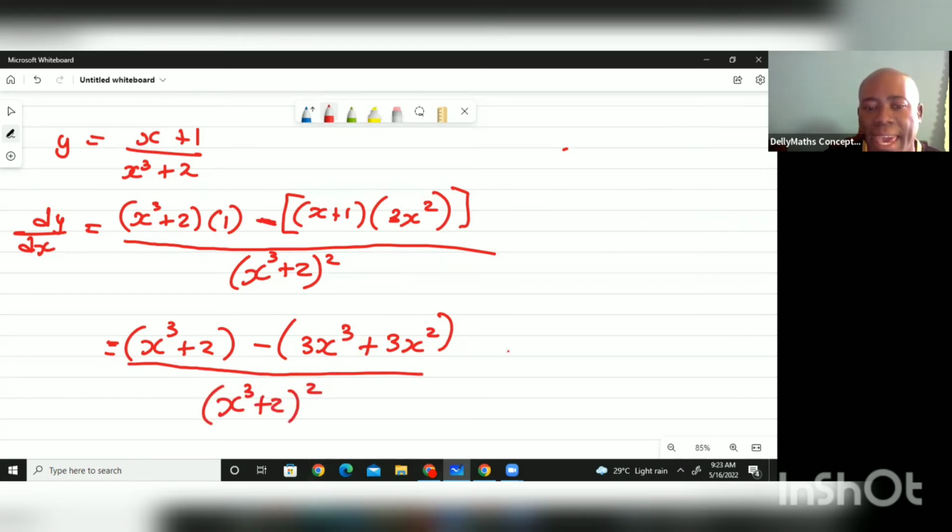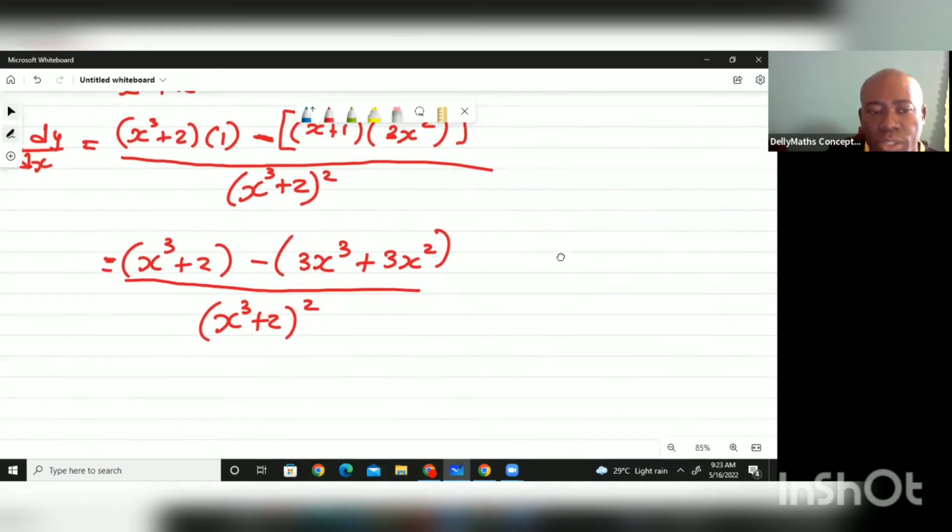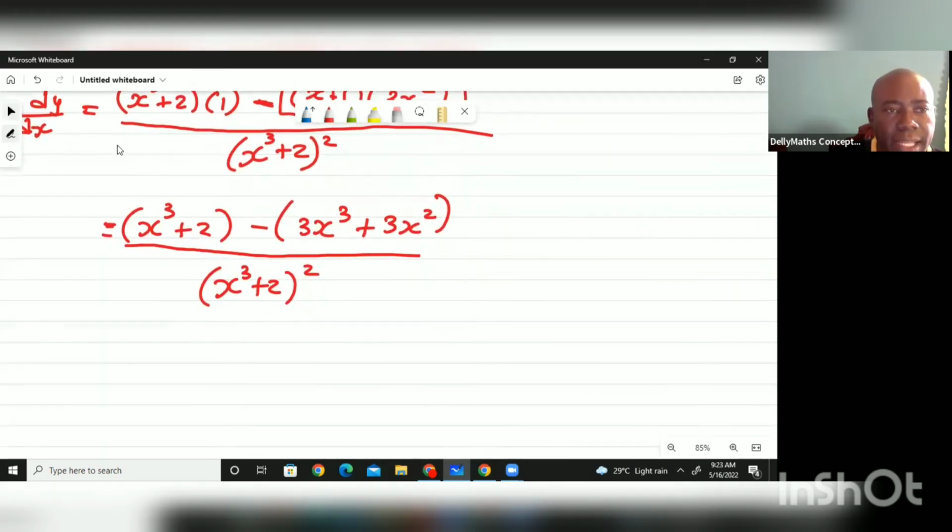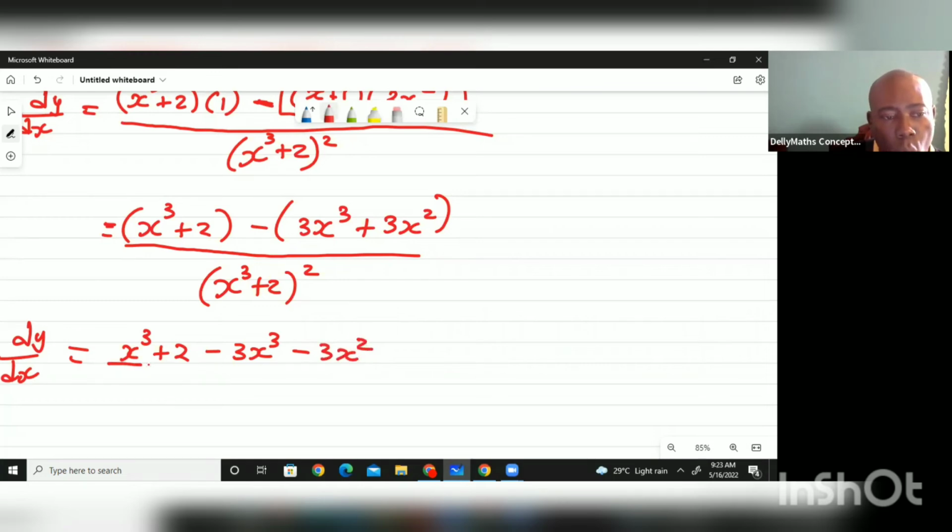All right, so we're at the end. We have one last thing. We're just going to push this through. So finally, dy dx is equal to x cubed plus 2, minus 3x cubed, and then minus 3x squared, all over x cubed plus 2, all squared.